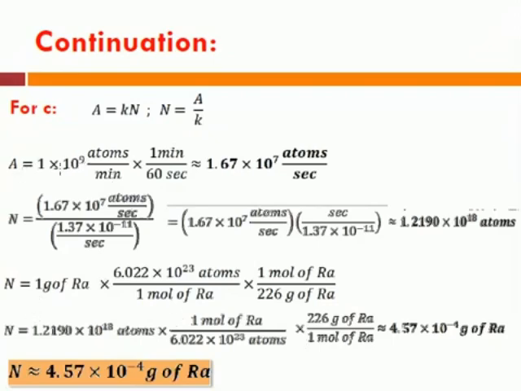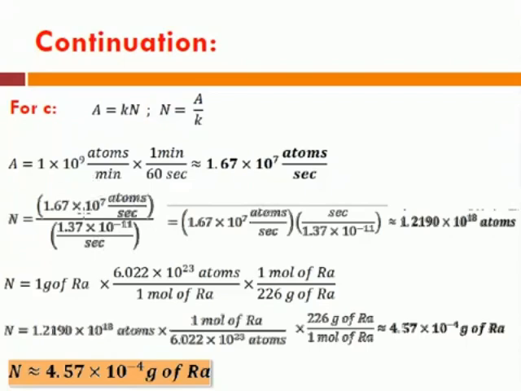So the activity given is 1 times 10 raised to 9 atoms per minute. Convert first the atoms per minute to atoms per second. So in 1 minute, we have 60 seconds. So cancel the minutes. So the unit will become atoms per second. And this is approximately equal to 1.67 times 10 raised to 7 atoms per second. So we have the value of A, and the value of k we have is 1.37 times 10 raised to negative 11 per second.